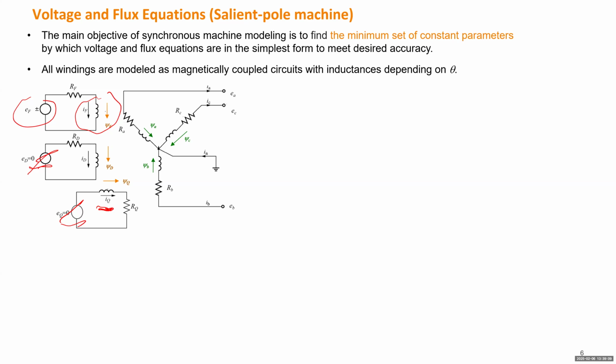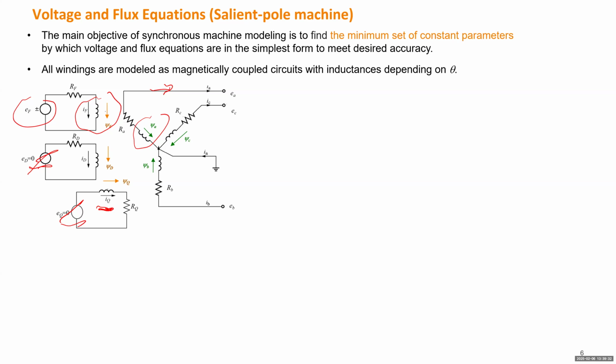But if we talk about any stator winding, the flux linkage will be the source of the electricity. So I need to make the current be in the opposite direction compared to the direction of the flux linkage.